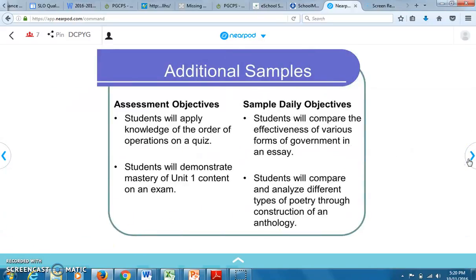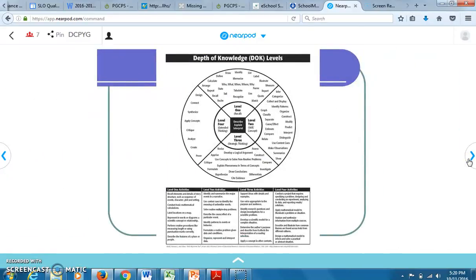Additional samples, again, just additional samples for you to use. And again, it's the concept map, to restate this: the importance of utilizing these words within your objectives. It'll make the writing easier. And using what we did earlier, the color code, the who, the what, the when, the why. When it shows those, use that to gauge your objectives, and use these words if you don't know how to craft it a certain way.